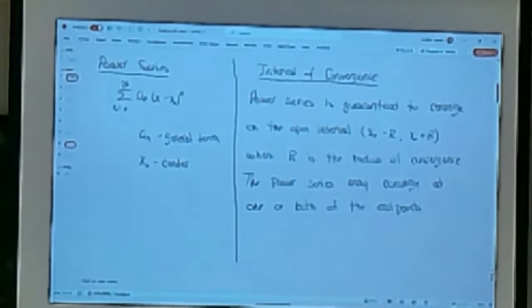There are two special cases for the radius. A radius of 0, which would mean your interval of convergence is actually just a single point, x naught. The other special case is you get a radius that is infinite, in which case your interval of convergence is just all real numbers.